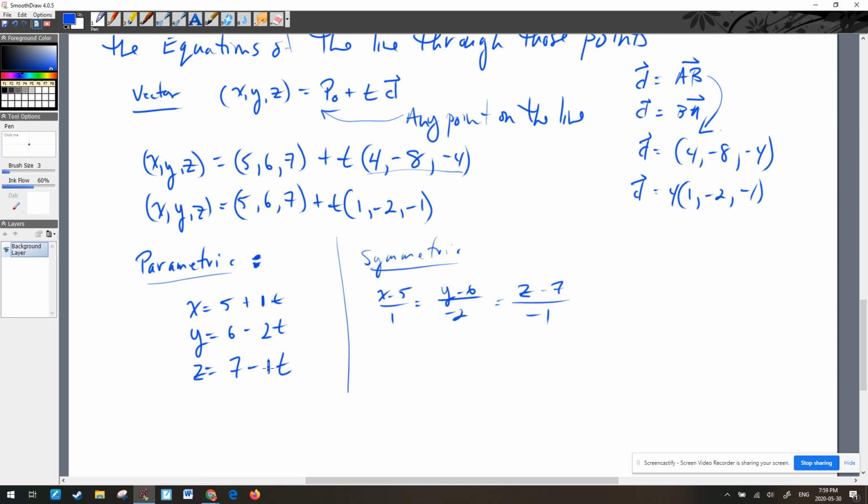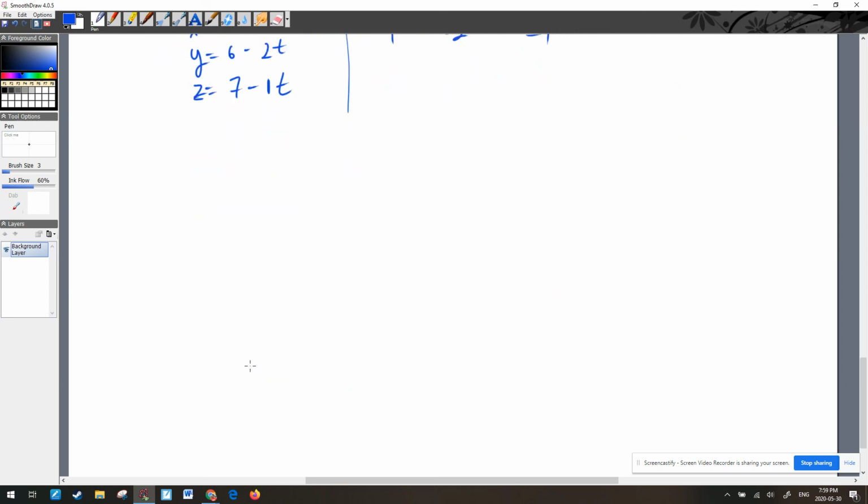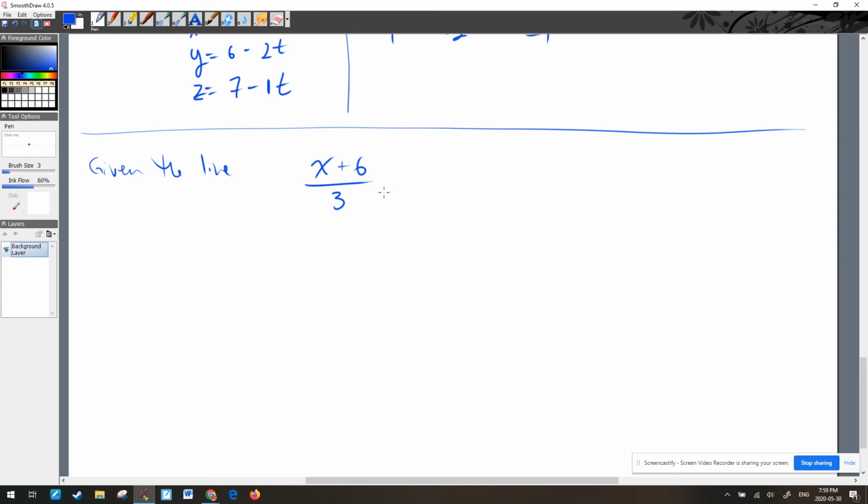How about I give you a different variant? How about I say, given the line, x plus 6 over 3 equals y minus 7 over negative 2 equals, I'm just going to say z.